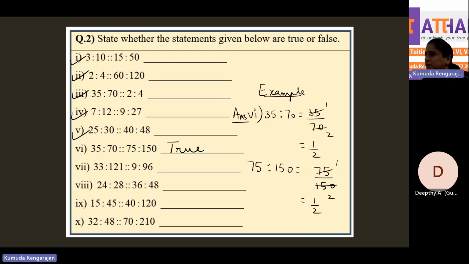Can I have the paper or should I give it to you now? You need to give it to your teacher in school? Okay, I'll just take a photo then. Yeah, you can take down that.